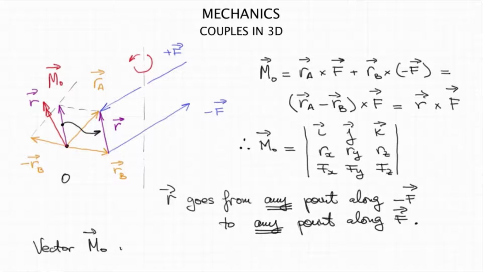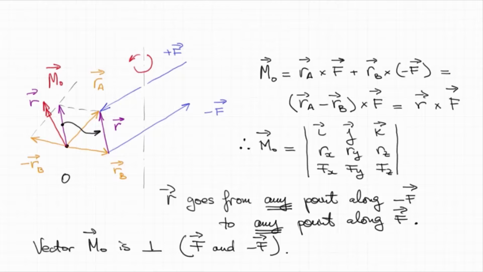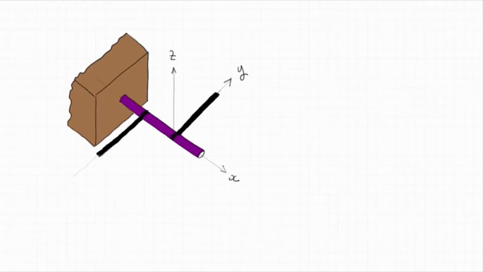As before, vector MO is always perpendicular to both forces, F and negative F, so it will be perpendicular to the plane that contains these two forces. Couples in 3D are expressed in the same way as the moment about a point, and the result does not depend on the location of the point about which we sum the moments.